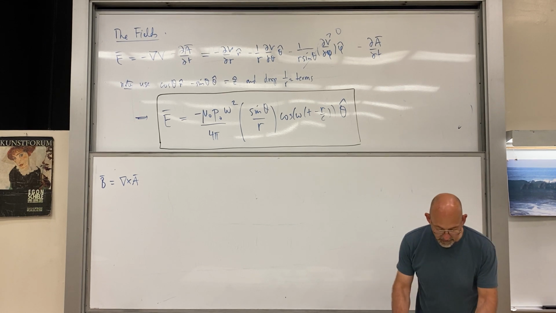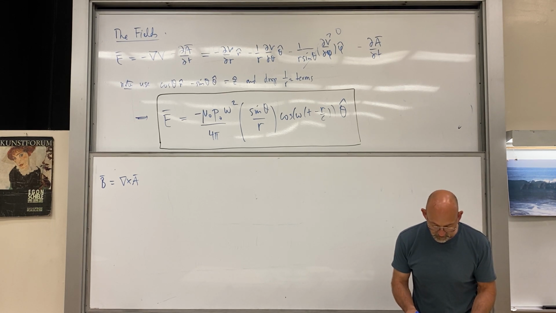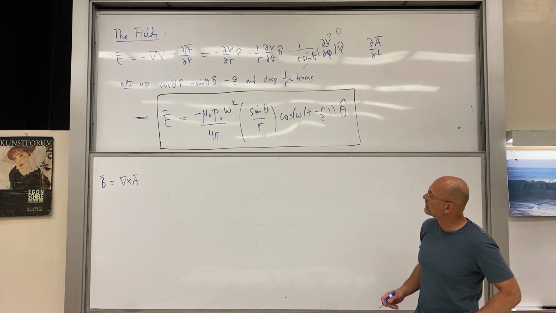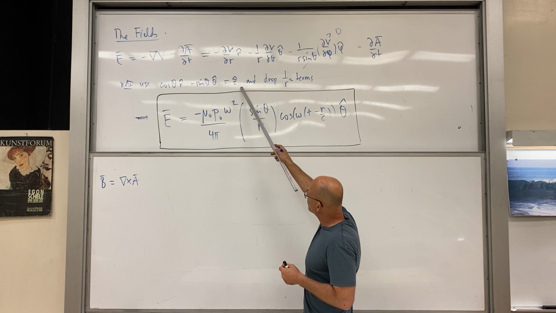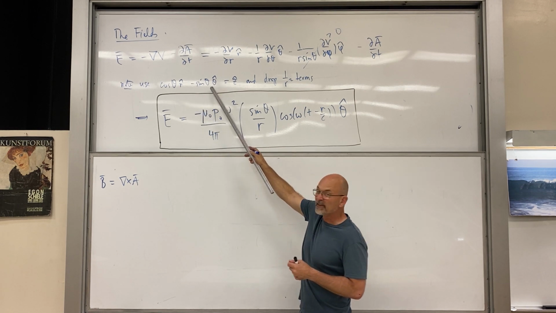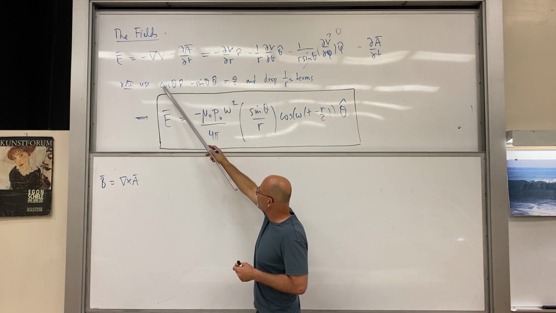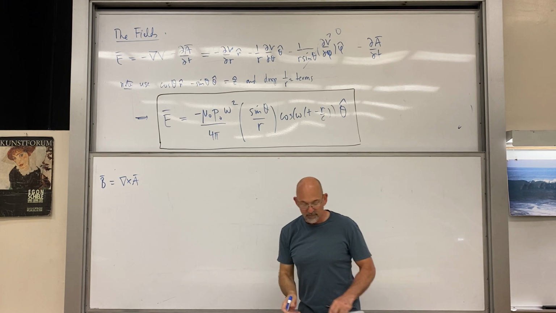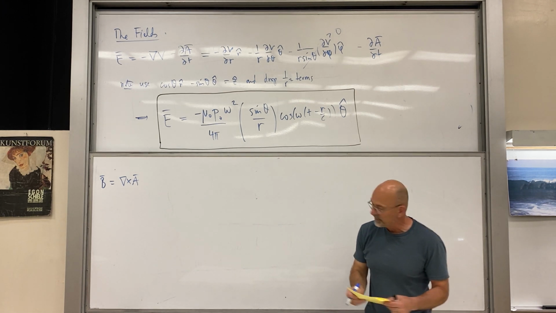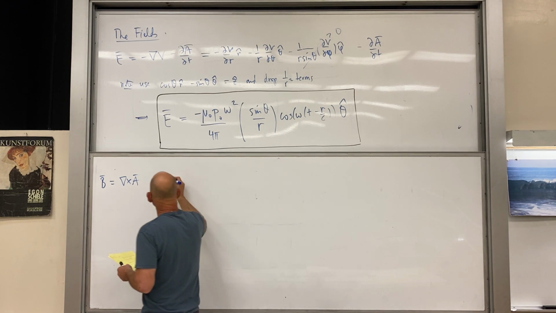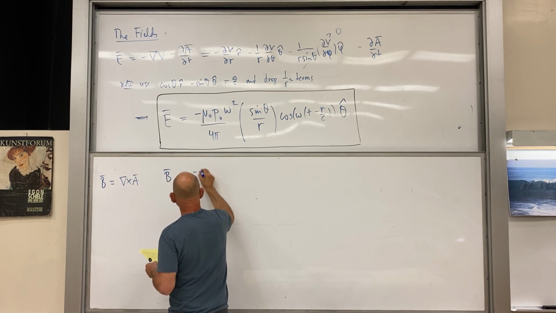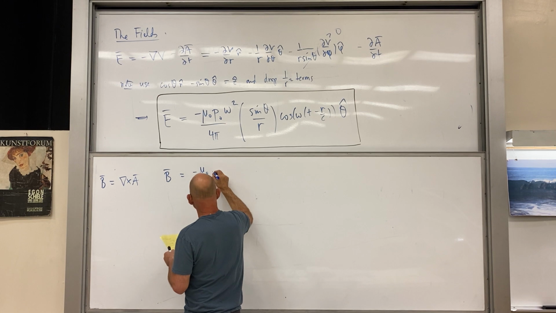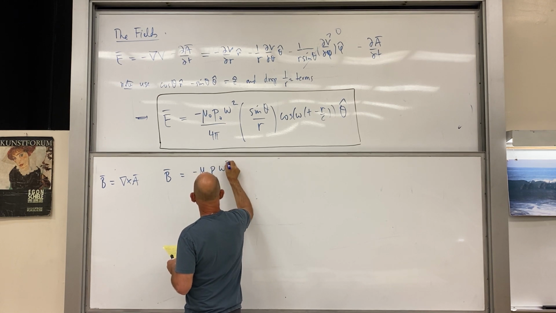Oh, okay, yeah. Well, yeah, actually we do. We do the similar transformation to up here because we've got the z hat, which we can express in terms of r hat and theta hat. So yeah, the same thing goes into the calculation of B. Let's go ahead and write down what B is. B equals minus mu naught p naught omega squared over 4 pi c.